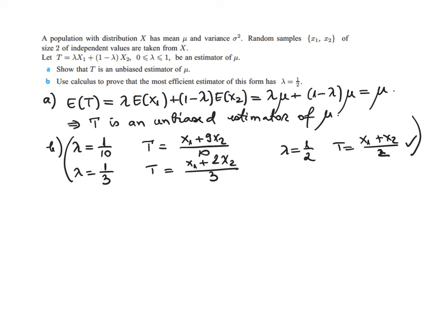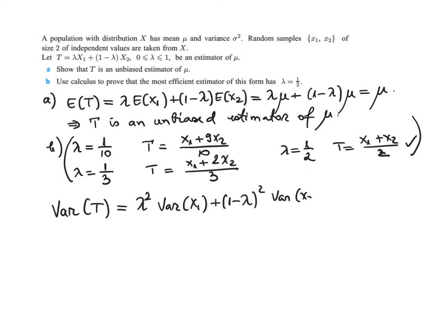When is an estimator most efficient? When its variance is minimum. So let me calculate the variance of T. Applying expectation algebra, I get lambda squared variance of x1 plus 1 minus lambda squared variance of x2. So I get lambda squared plus 1 minus lambda squared, times sigma squared.